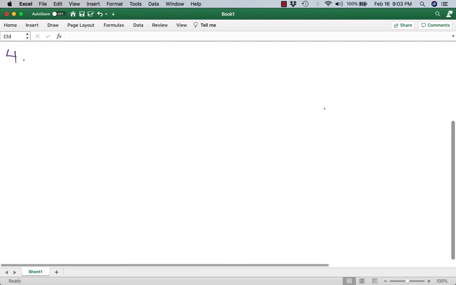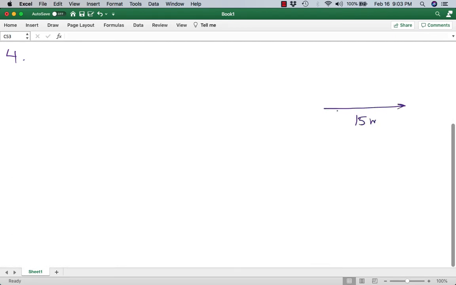So here's number 4. It says suppose you walk 15 meters straight east. So 15 meters to the east, and let's say this is our coordinate system. So this is north or y-axis, this is east or x-axis, and then 20 meters straight south.